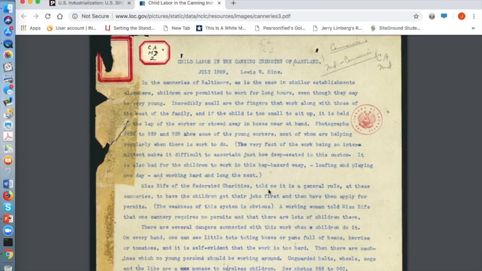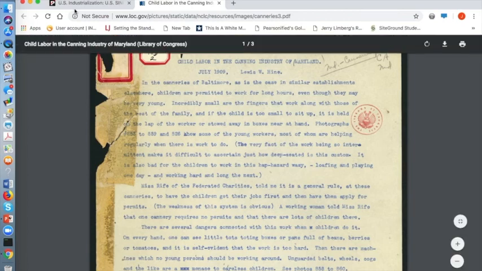But if you were fired from your job, that meant you also lost your living quarters. So that was one of the reasons they were willing to put up with such low pay in such terrible conditions. And it even talks about how they would charge these enormous prices in the stores, so the people working in the factory wouldn't really get ahead.